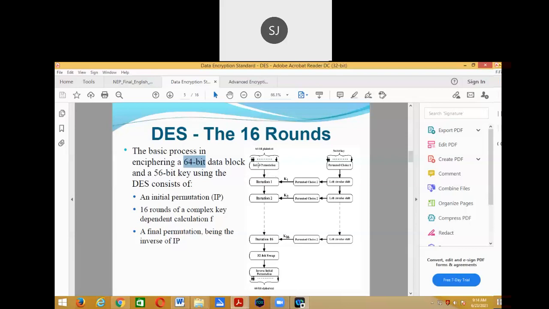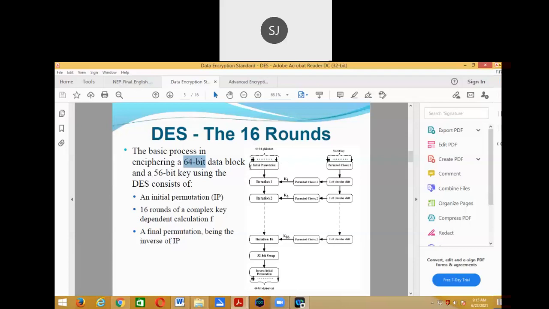Then there is an initial permutation. Initial permutation means these 64 bits, we just transform their positions. Maybe the first bit is exchanged with the 52nd bit, the second bit may be exchanged with the 64th bit, then the third bit may be exchanged with the 20th bit.